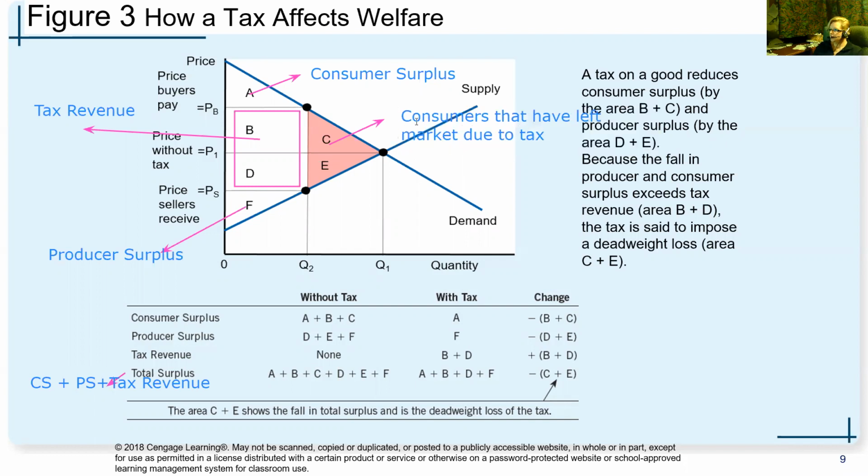We also can take a look at E, and E represents those producers that no longer supply due to the tax. So C and E together become what we call deadweight loss, because that's the inactive portion of the market. Also note that when we look at the difference between Q2 and the equilibrium quantity, Q1, this market has substantially lessened. I mean, quite a bit, really, when we think about it.